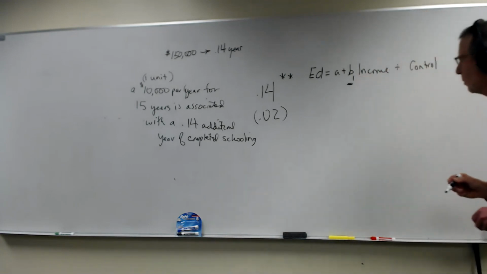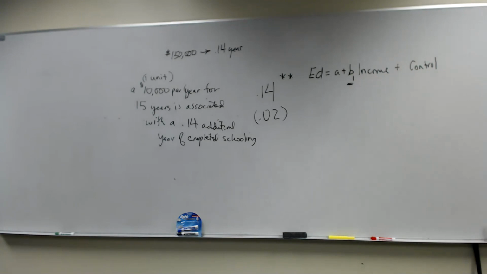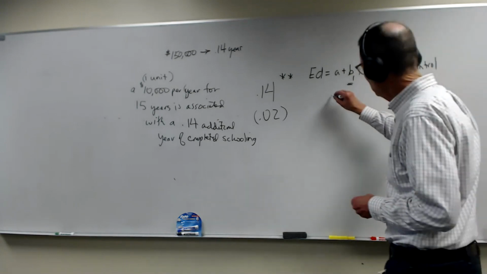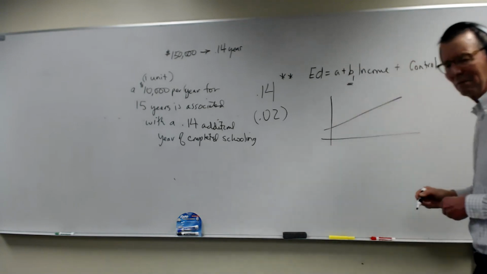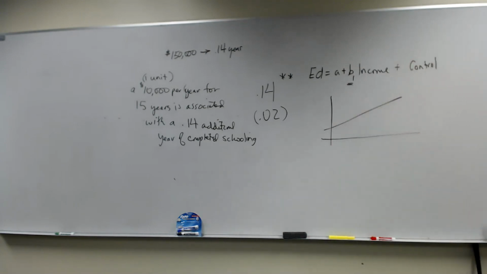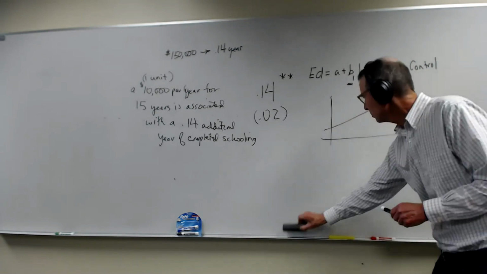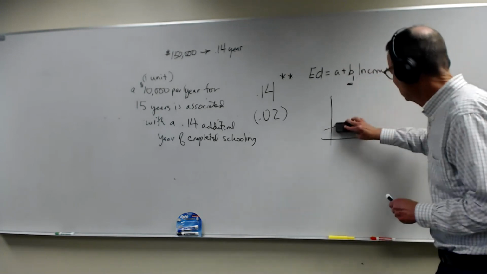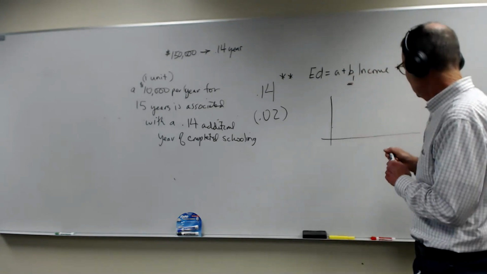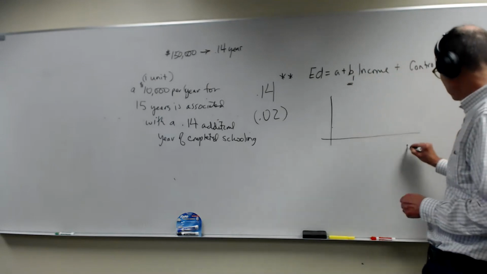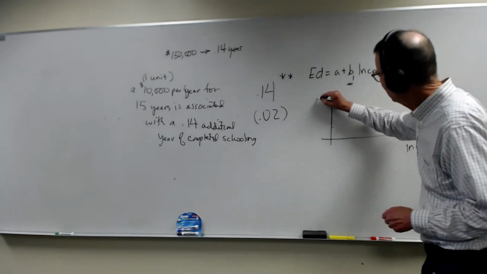If we throw a linear regression at the data, however the data are structured, we're telling it to come up with a line that fits the data best, right? And that's pretty constraining. Suppose this is income, and this is education.